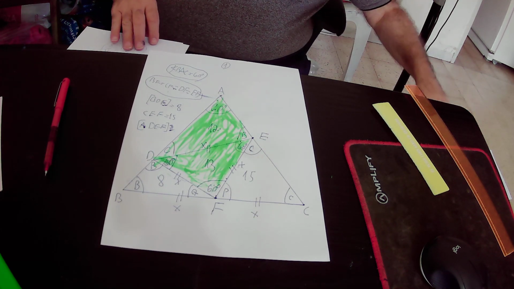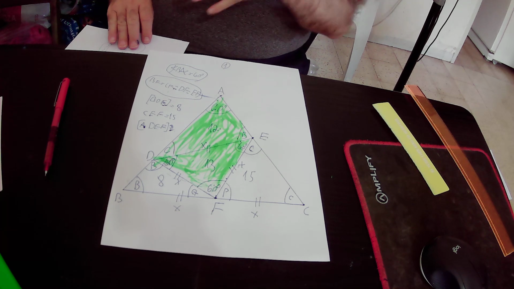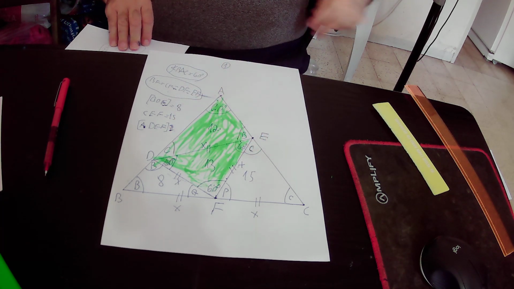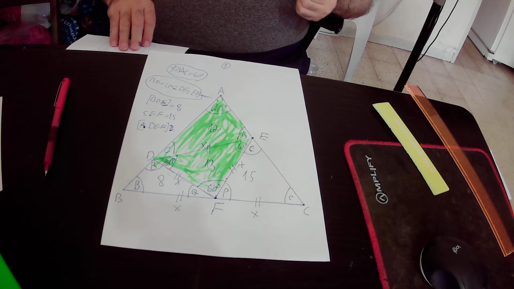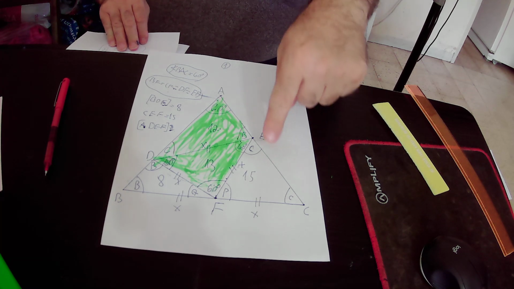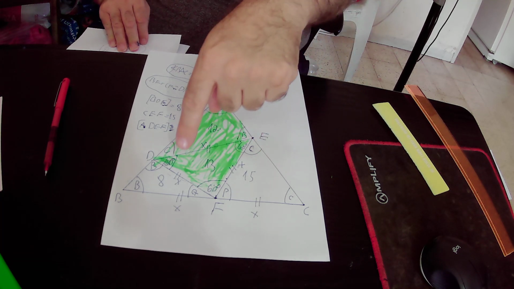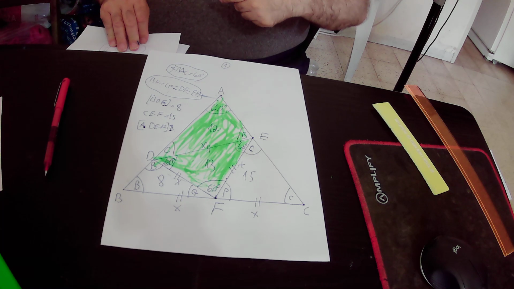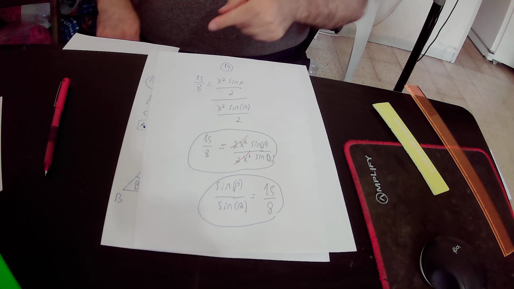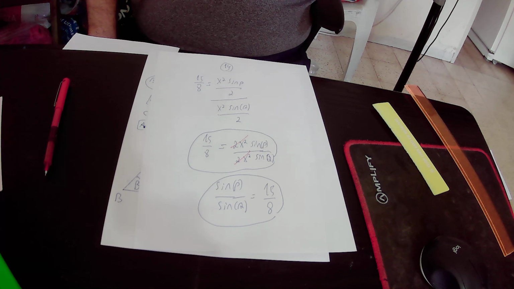And then we used this formula in order to express the areas of those two triangles. We know that the area of the big triangle is 15 square units and the area of the small triangle is 8 square units. So we divided the area of the big triangle by the area of the small triangle.